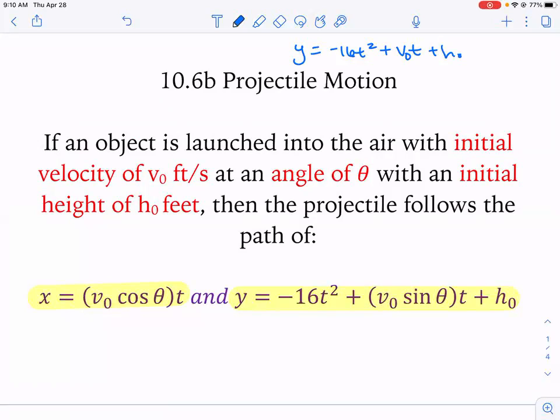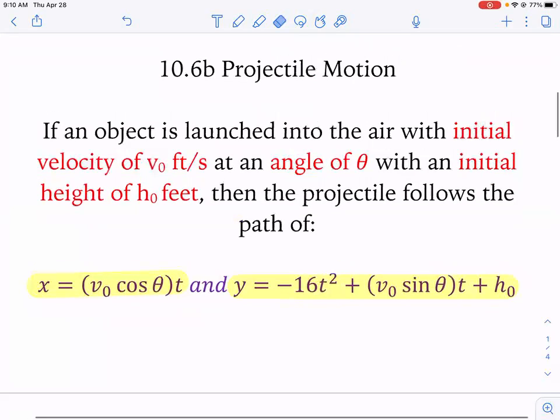You could figure out the path of the projectile in terms of either time and height or horizontal and height, but never both at the same time. So this is what this allows us to do.